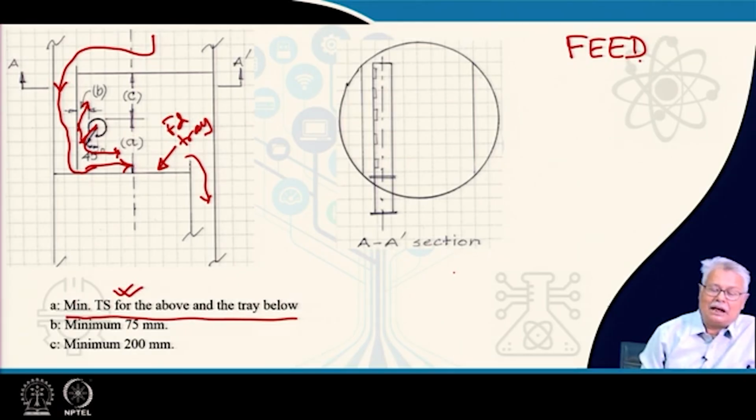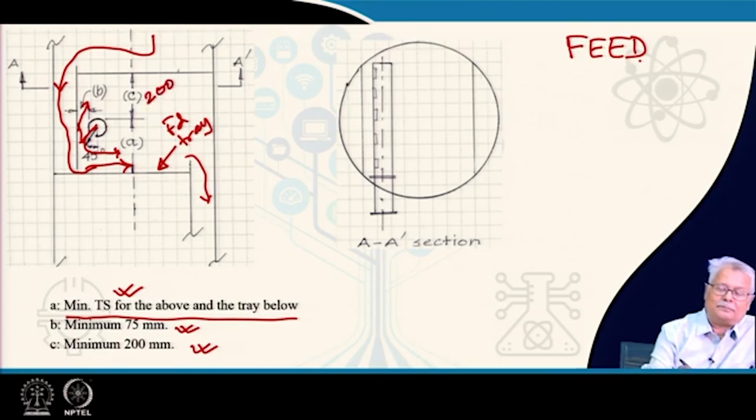Next comes how much away from the apron. You have to keep it about 3 inches away, which is about 75 millimeters, and that is good practice. Then comes how high the upper tray should be above your feed nozzle. The good practice is to have a 200 millimeter gap, that means this should be 200 minimum.